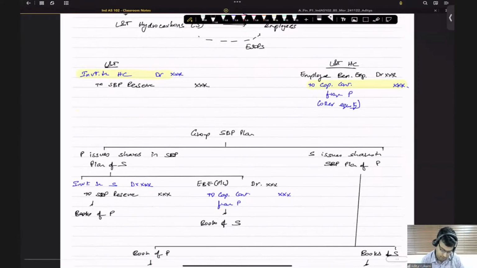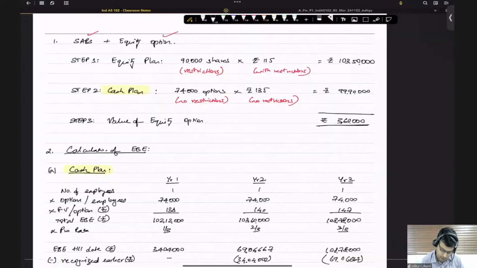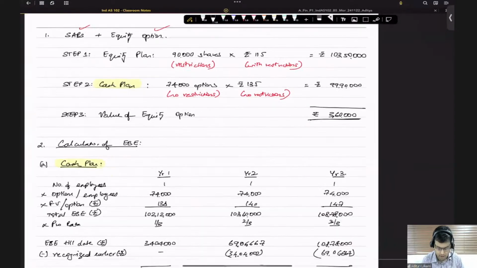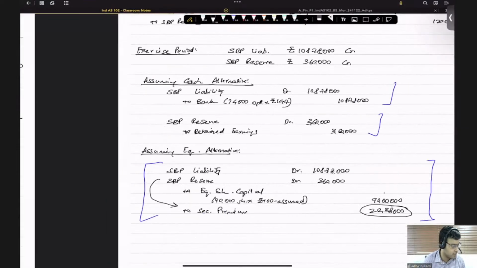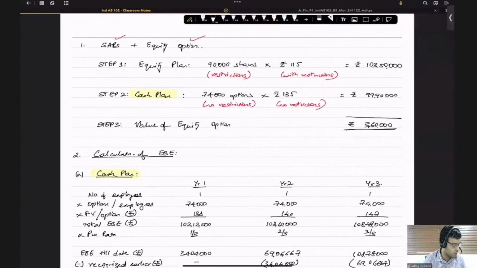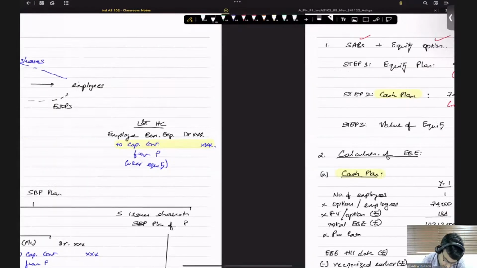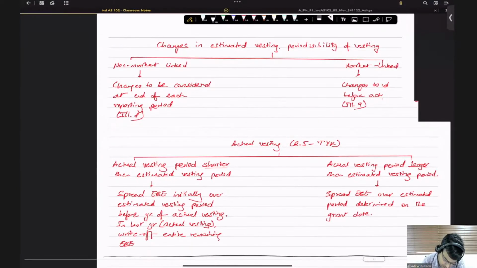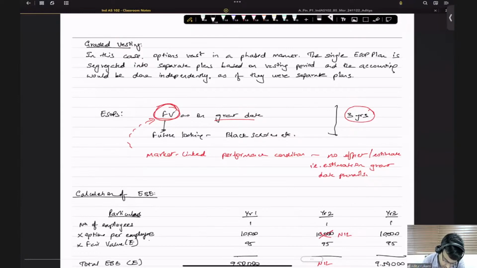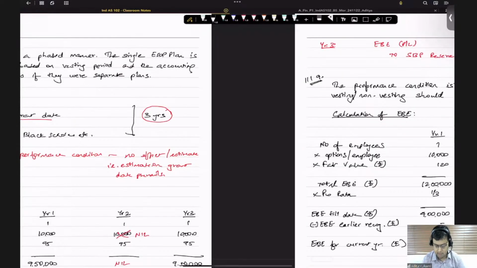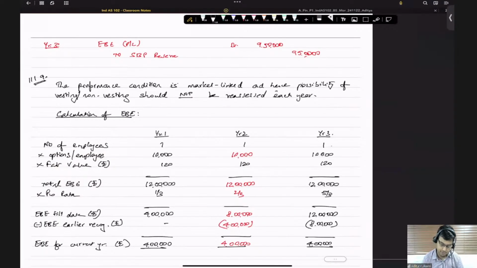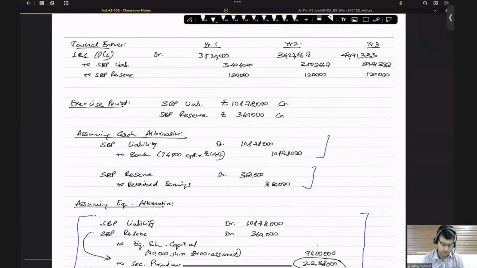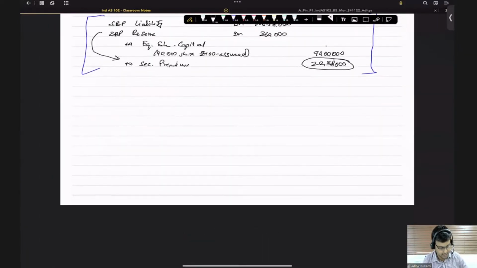Calculation of EBE, cash option, so this was equity with alternative. I did a question for you on that. Did we write a note on cancellation? I don't think we did, but we did a question. We did graded vesting. Okay, fine, just recapping what we discussed. Give the heading.